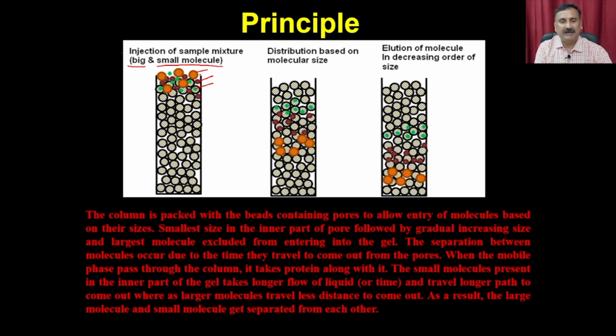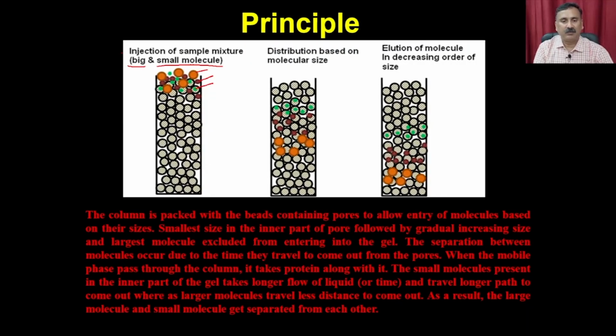All three molecules are going to compete for the pores present in these beads, and as a result they get distributed. As I said, large molecules are excluded from the column, whereas the middle sized molecules are separated from the small molecules.